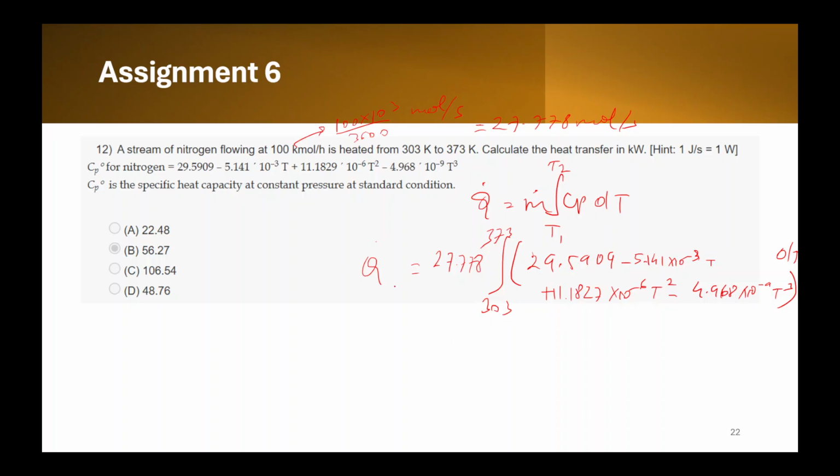Okay. So you need to integrate this dT. After integration, the limit is 303 to 373.